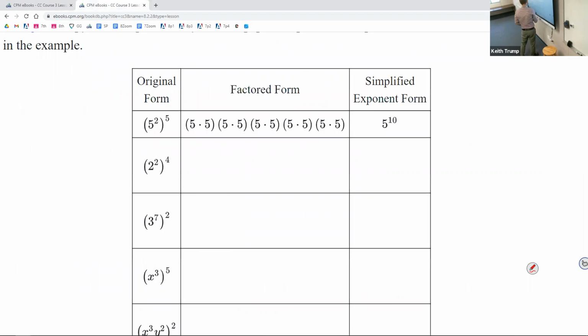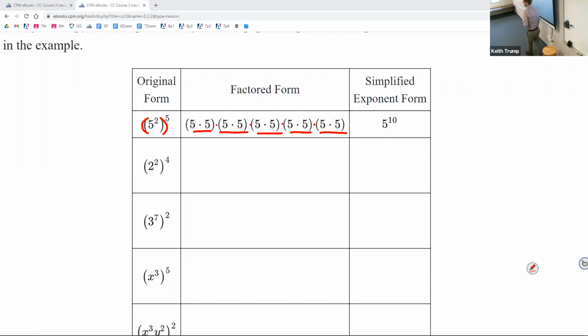So what happens if we take an expression that is to the second power, 5 squared, and then we put parentheses around that, and then we raise that whole thing to the fifth? Well, we would write 5 squared, so 5 times 5, and then we would multiply that by itself 5 times. So 1, 2, 3, 4, 5.